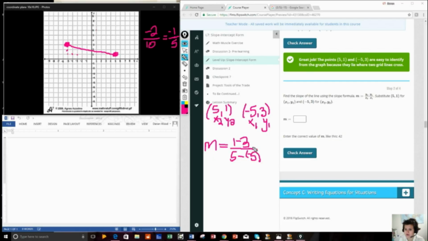Okay, here we go. 1 minus 3 simplifies down to negative 2. And 5 minus negative 5, that double negative is our plus. So 5 plus 5 is 10. Negative 2/10. Our slope is negative 1/5. Just like we said.